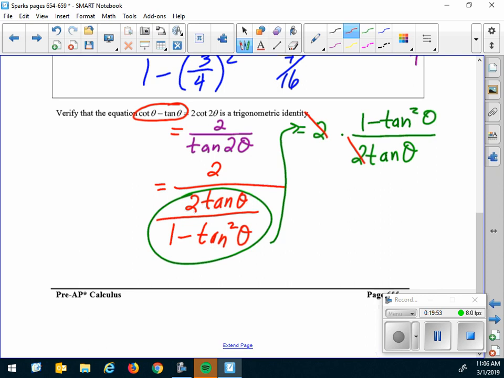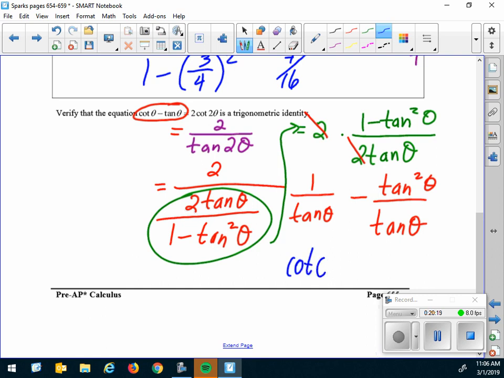So what I've got is 1 over tangent theta minus tangent squared theta over tangent theta. Oh, look there. Look where I'm trying to go. I got it, don't I? Because what is 1 over tangent theta?